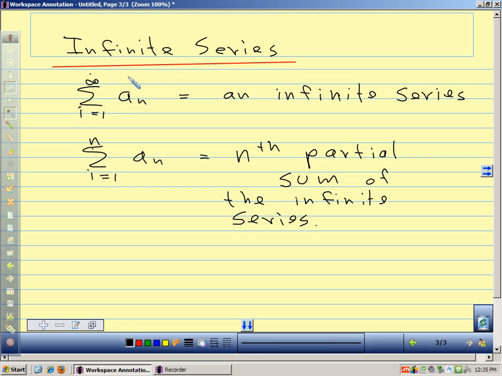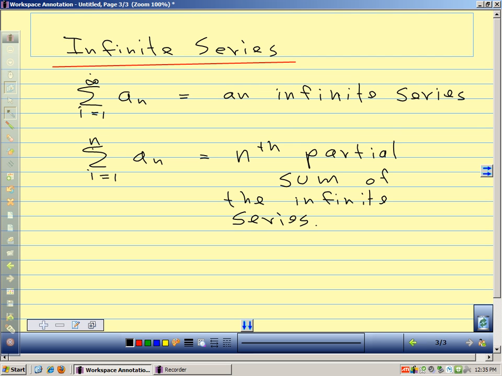And when we're looking at an infinite series, the infinite series wants you to add the entire series together. And we'll figure out some ways to do that in the next couple of lessons. But an nth partial sum just means you add up a certain number of terms. So if you're looking at the fifth partial sum, for example, you would say n equals 5 and add up the first 5 terms like we did on our previous examples.